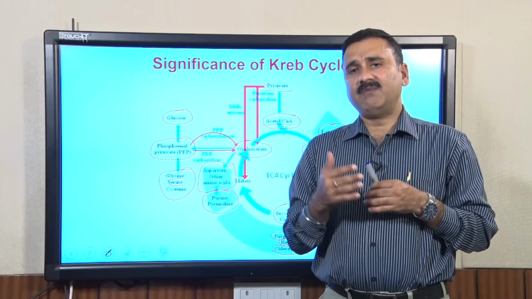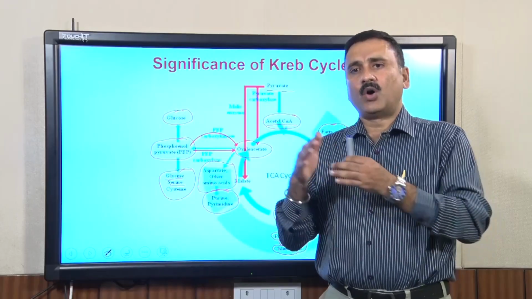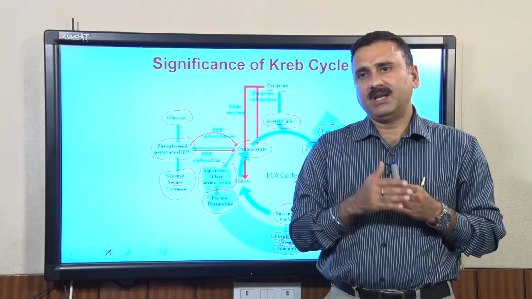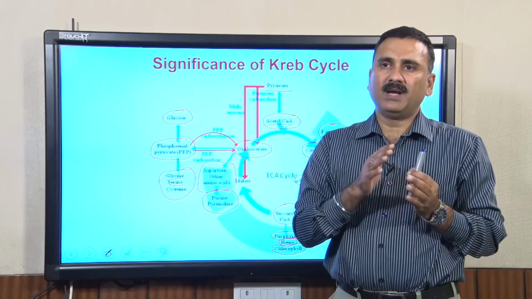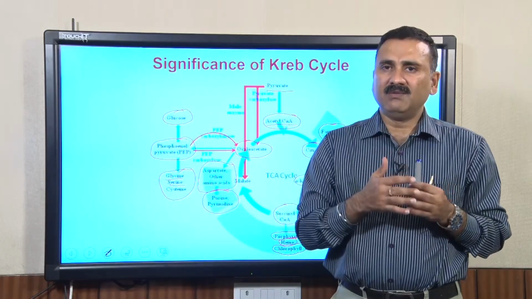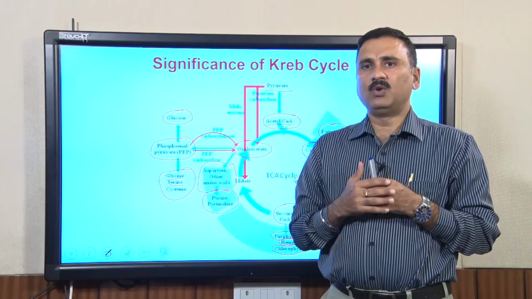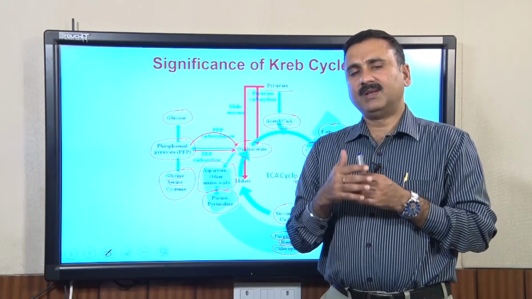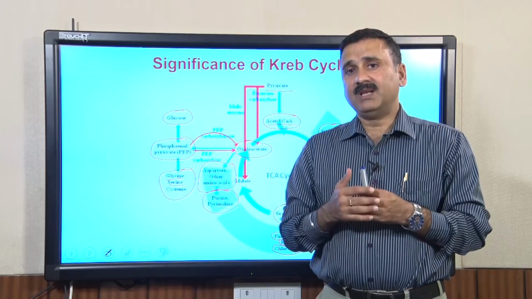The NADH and FADH generated in the Krebs cycle need to be oxidized in the electron transport chain, where the different electron receptors receive these molecules and process the NADH or FADH to generate ATP.